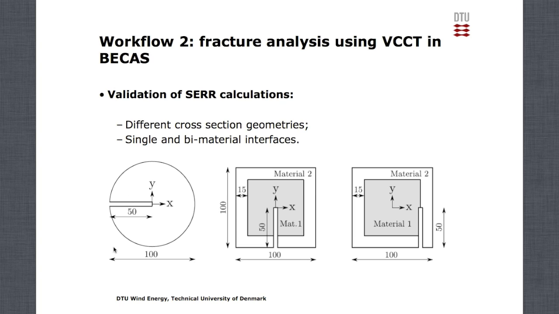Here on the left is just a circular cross section, so essentially a cylindrical shaft with a crack. We'll present another result where we have a bimaterial square cross section with a crack here in the center. And finally, we'll present results for the most challenging of the examples, when you have a crack at the interface between 2 materials.